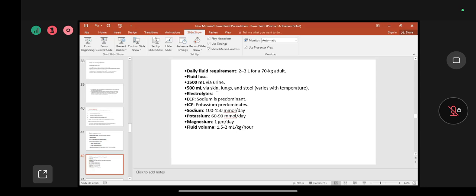Electrolytes: in extracellular fluid, sodium is predominant, and in intracellular fluid, potassium is predominant. Daily sodium required is 100 to 150 millimole per day, potassium 60 to 90 millimole per day, and magnesium 1 gram per day. Fluid volume should be 1.5 to 2 ml per kg per hour.